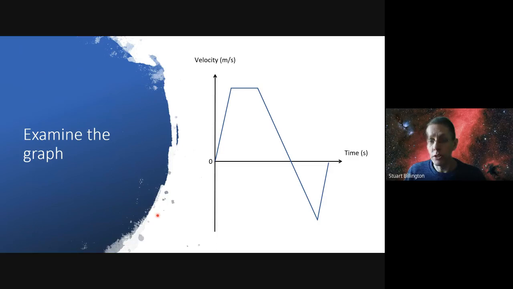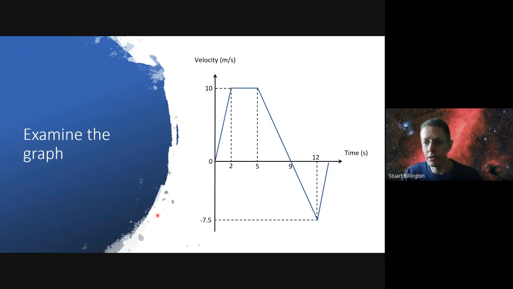But I want you to do some calculations. So here we go. Here are the numbers that you're going to need. The acceleration lasts for 2 seconds and gets up to 10 meters per second. The constant speed lasts for another 3 seconds. And then the constant deceleration lasts another 4 seconds.